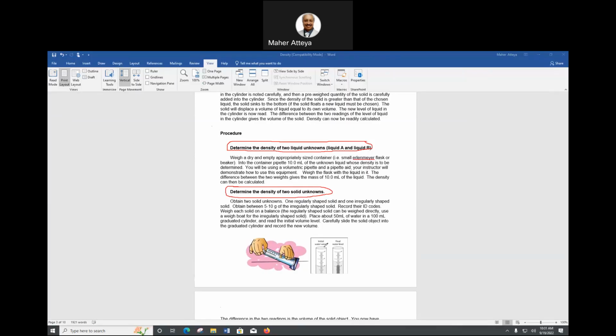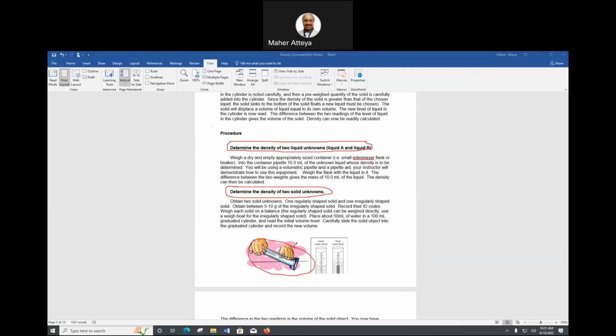So this is for regular and irregular objects. I use the direct method. For the density of solid unknowns, we use the displacement method for both. You tilt the cylinder 45 degrees.